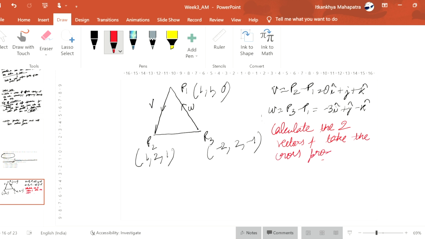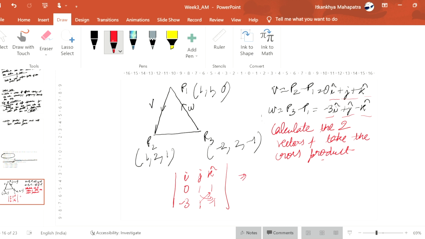How will we find the cross product? This is i cap, j cap, k cap; 0, 1, 1; and -3, 1, -1. Now we will multiply.